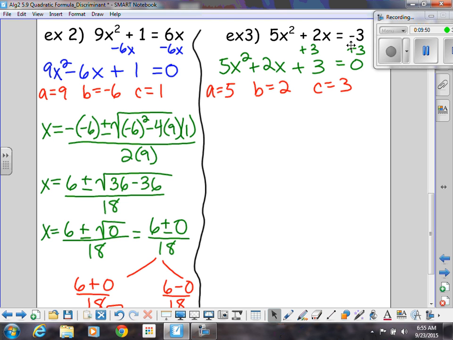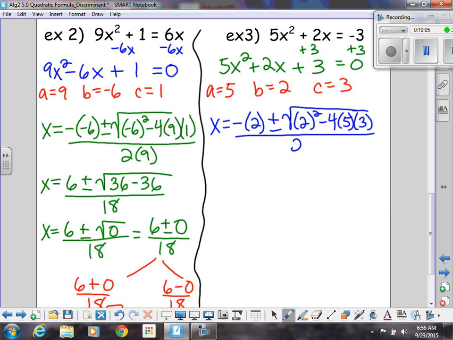All right, so let's do the formula. x equals negative b plus or minus square root of b squared minus 4ac all over 2a. So now let's simplify.